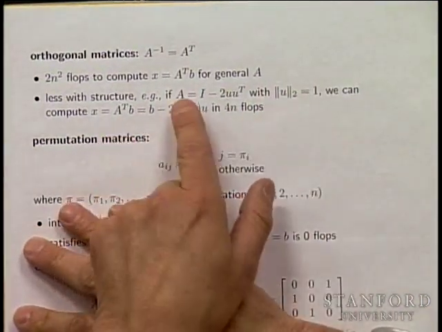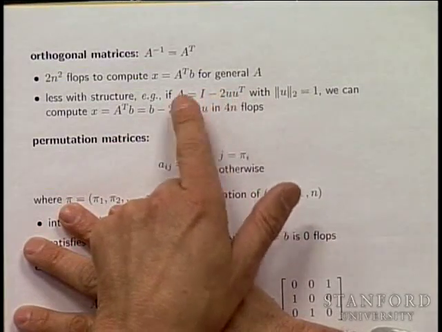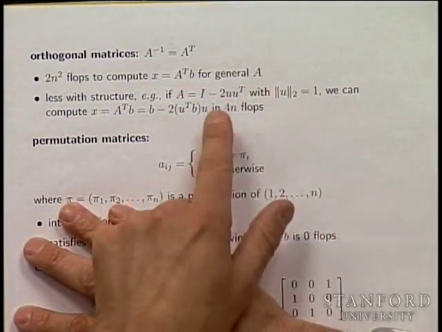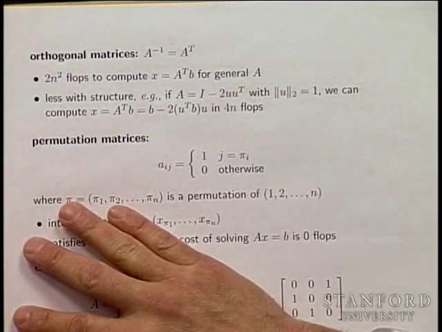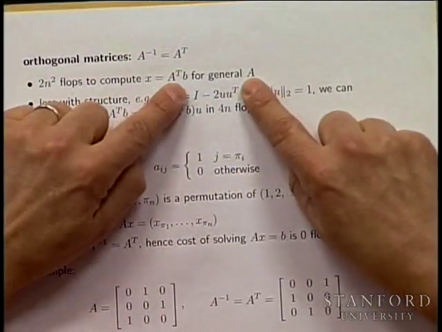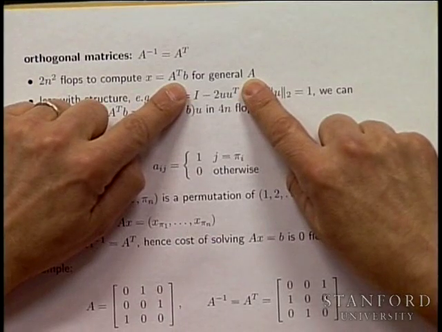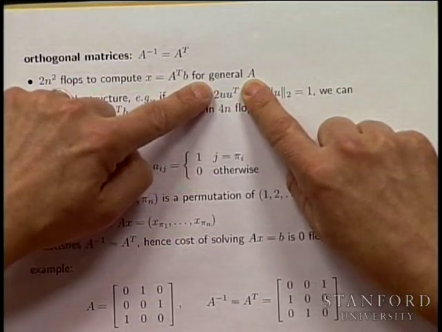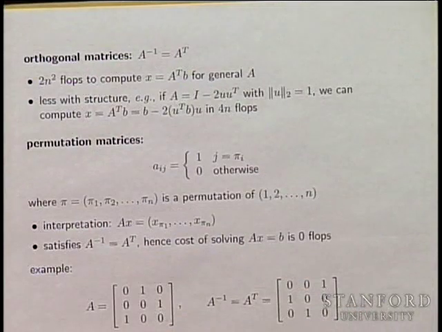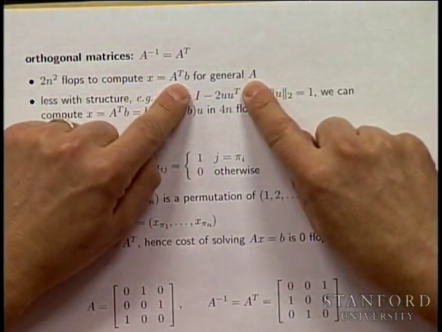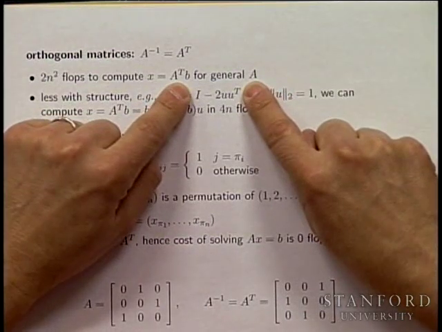If you do that, then to multiply A transpose by a vector, by the way, that's a perfect example of a matrix vector multiply. This matrix, of course, in general is dense, right? If you form this outer product, it's going to spray non-zeros over the whole matrix. So that'll be a dense matrix, and a matrix vector multiply will cost you order n squared.